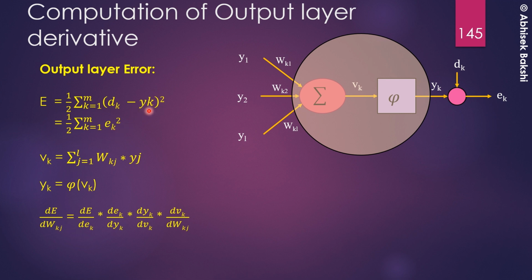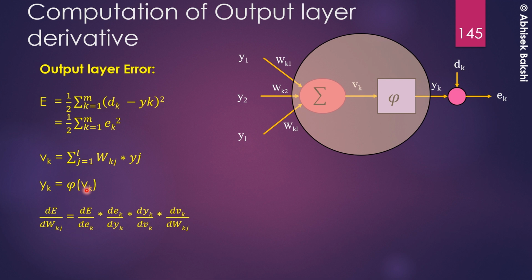Similarly, if you look at this equation, these y's are creating these v's, so v is a function of y, and this v is passed through the sigmoid function to get an output, another yk. So this yk is again a function of this v.